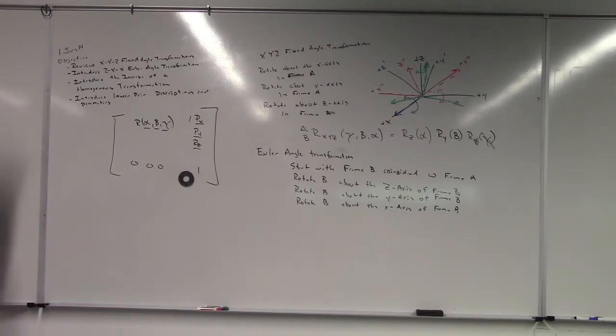How many parameters do you think we'll ultimately get down to? We'll get down to 4, okay? Because we need to know something about the location of that joint and the degree of freedom associated with that joint.